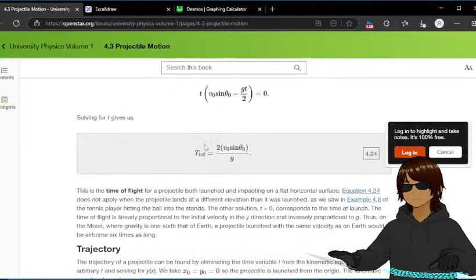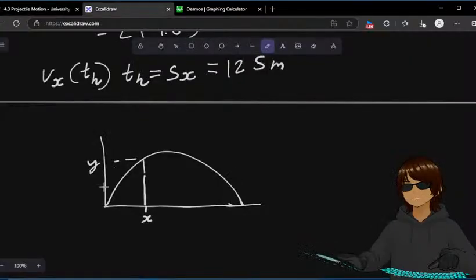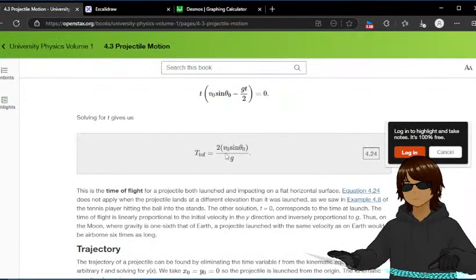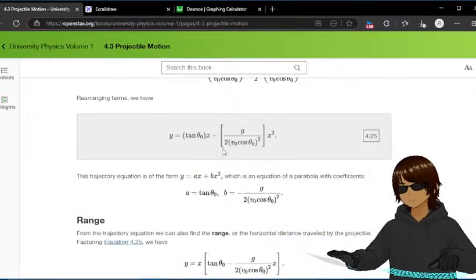So time of flight 2 is the time all the way from this y0 till this y0, which is 2 u sine over g. We have tan x minus g over 2 v cos x squared.